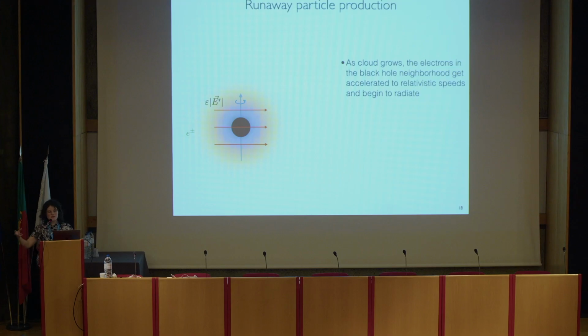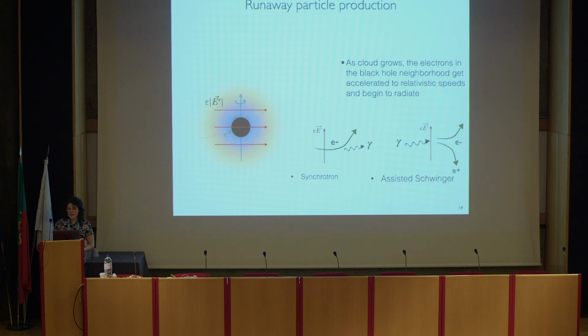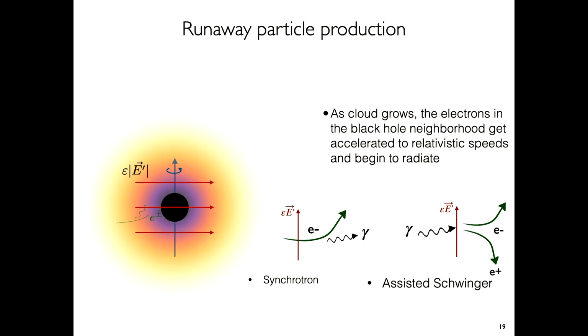So any electrons or positrons that happen to be around in this dark photon cloud will start to get accelerated. They'll get accelerated to relativistic speeds, but remember that the cloud is rotating, so the direction of the electric field is rotating at a frequency that's approximately given by the mass of the dark photon. So the electrons will bend in these fields, and accelerated bent charges will radiate.